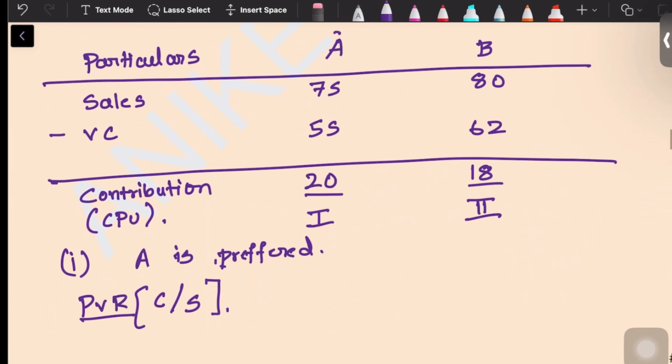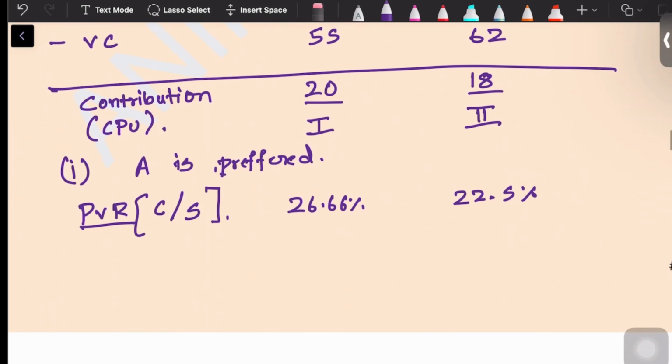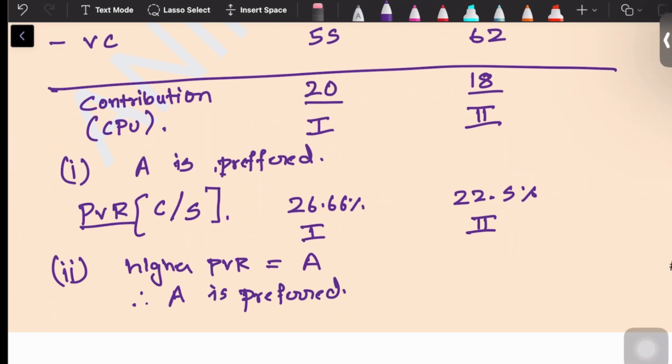So in case of A, it will be 20 divided by 75. So in this case also, my first ranking goes to A only. So for the second case, higher PVR is the deciding factor. Is A, therefore A is preferred.